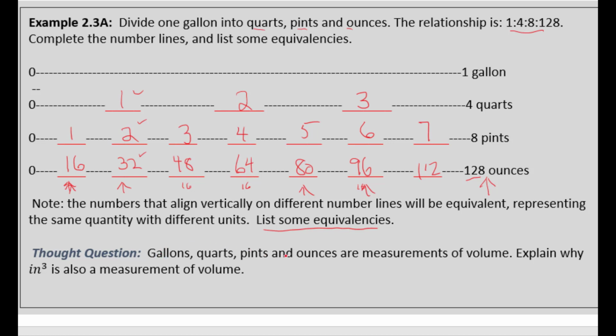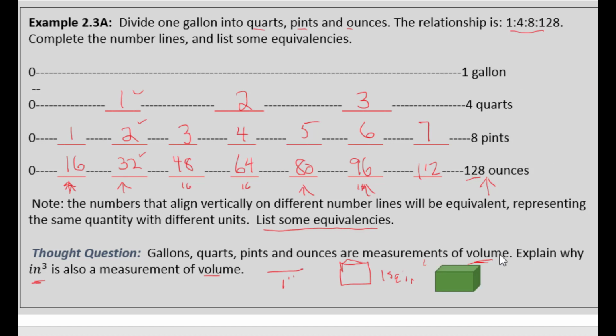Gallons, quarts, pints, and ounces are measurements of volume. Explain why a cubic inch is also a measurement of volume. Well, there is 1 inch. There is 1 square inch. And 1 cubic inch, I'm going to try to grab that.